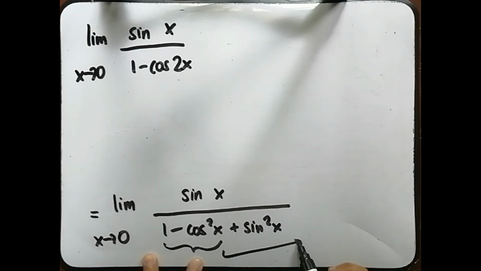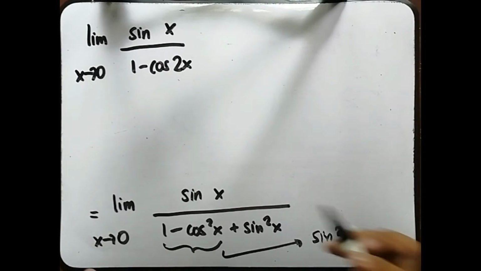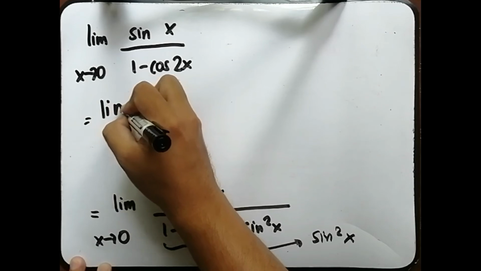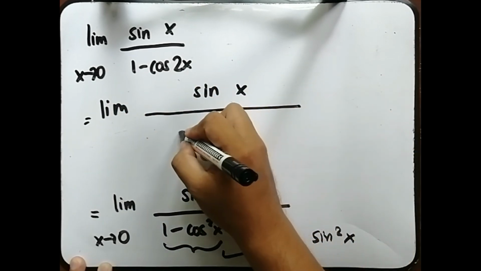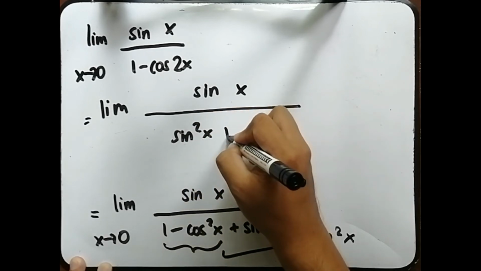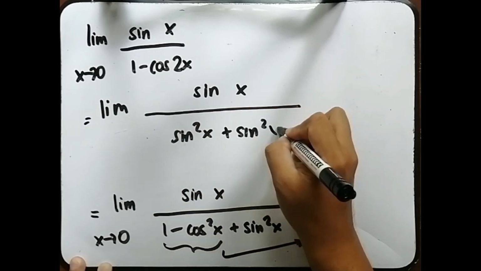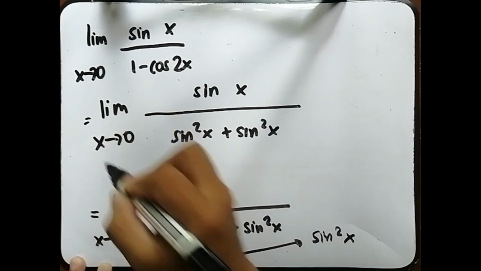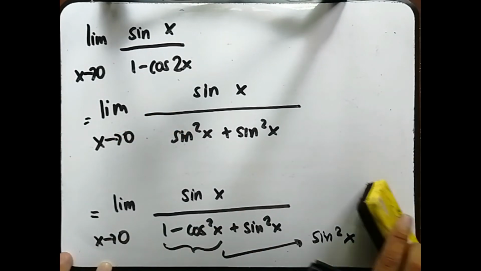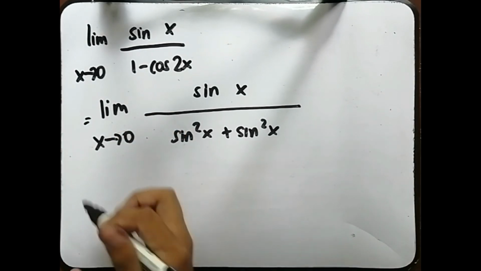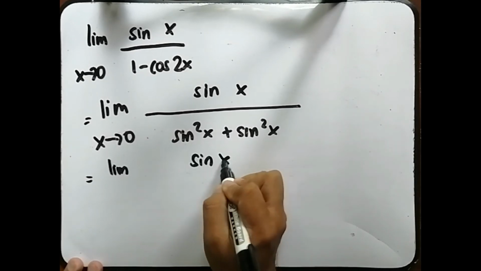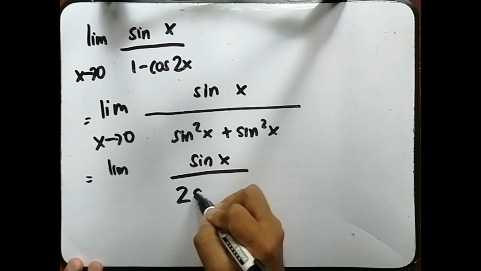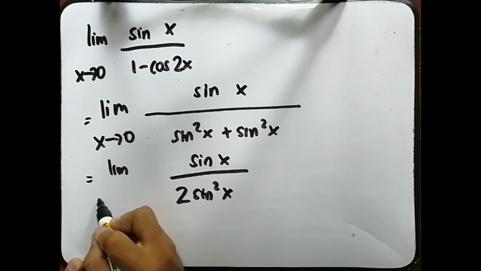Diba equal lang yan kay sin squared x? So we now have the limit of sin x over sin squared x plus sin squared x as x approaches 0. So by combining like terms, that is the limit of sin x over 2 sin squared x as x approaches 0.